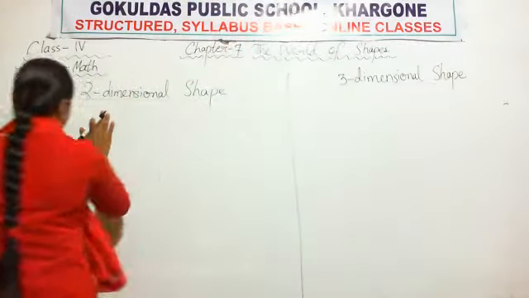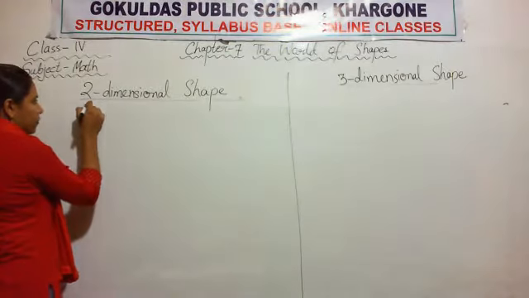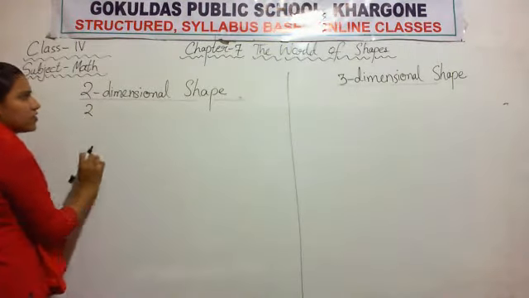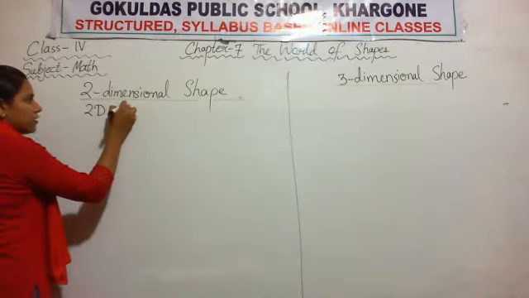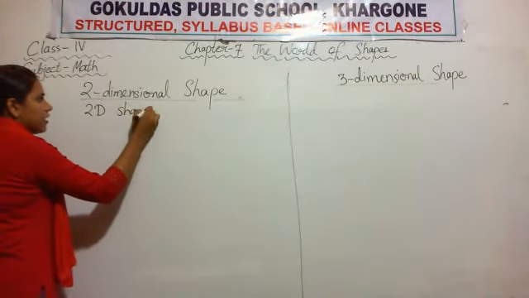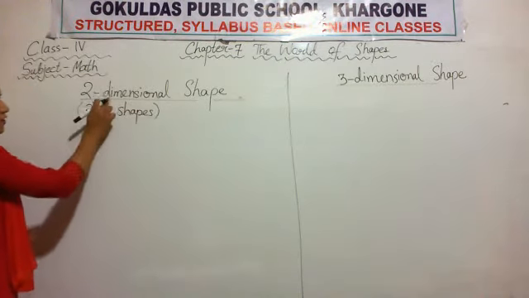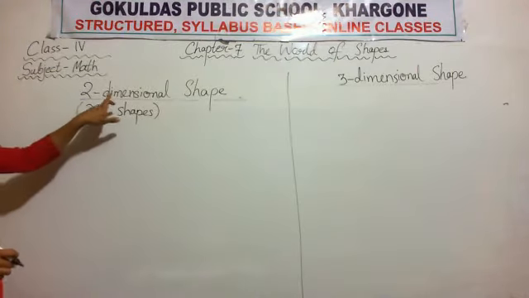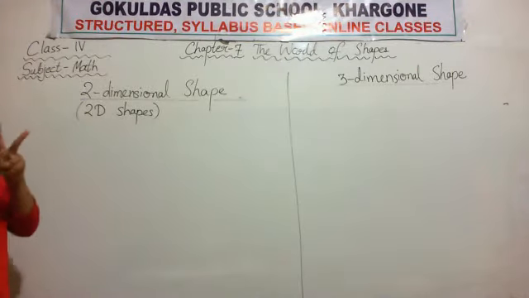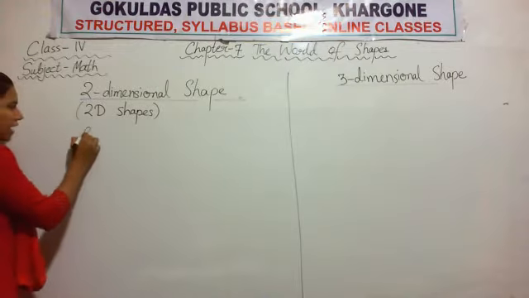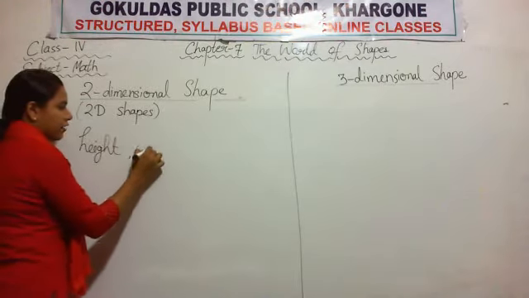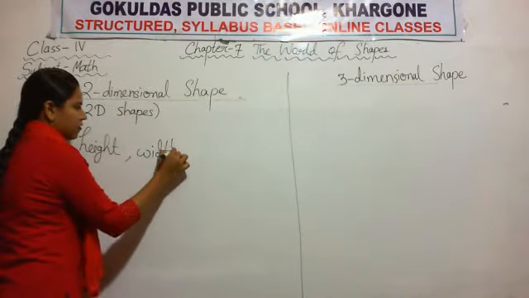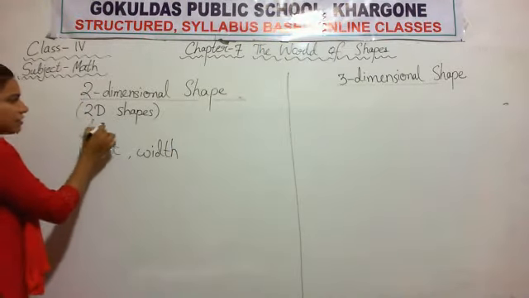So two-dimensional shapes we can write as 2D shapes. Here D stands for dimensional. Two-dimensional means only height and width.